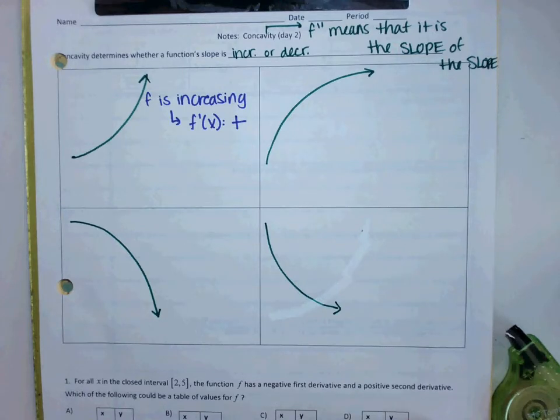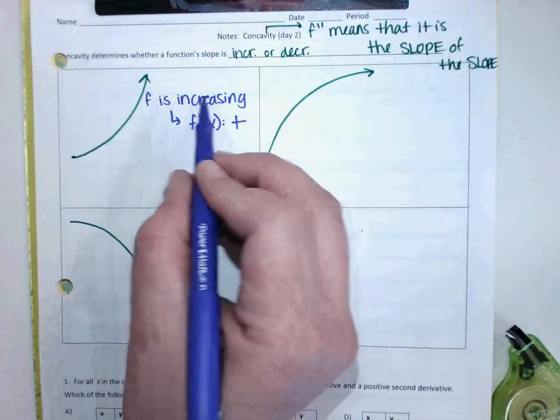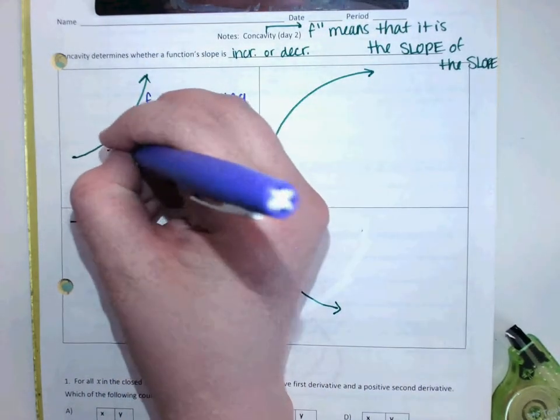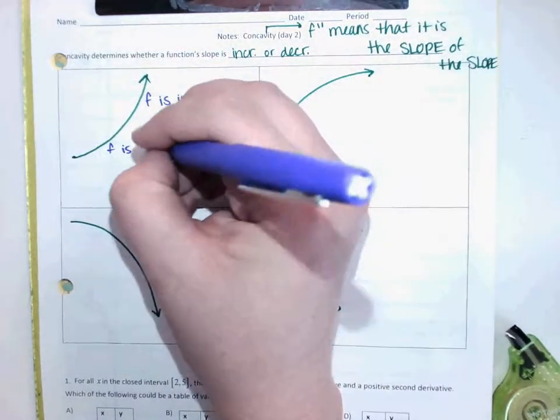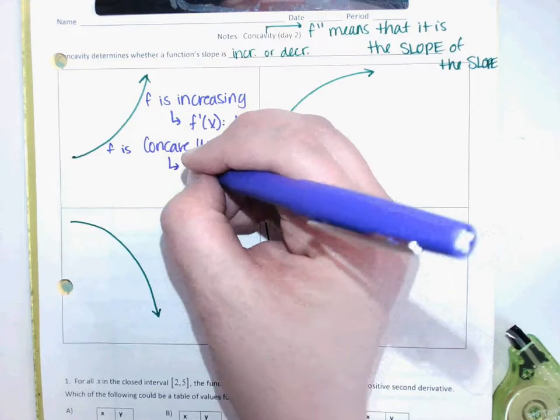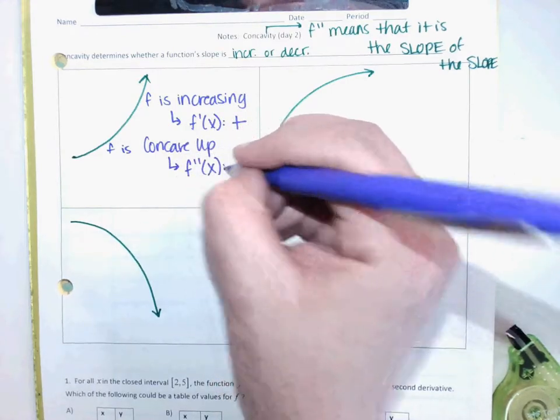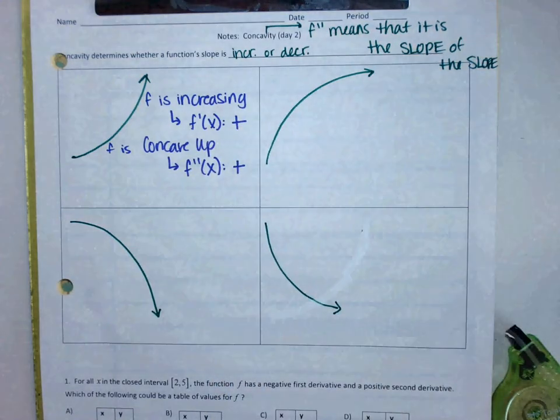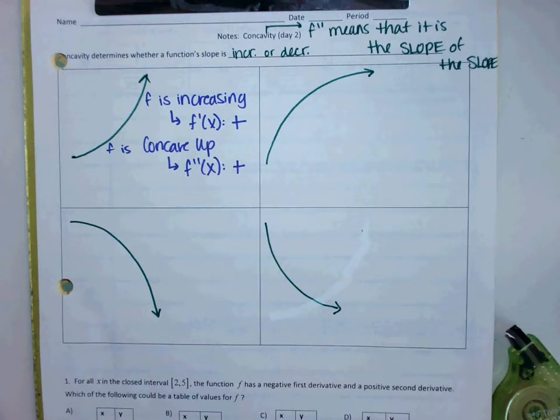Now let's look at a second characteristic we also know about: concavity. f is increasing, and what's its concavity? Concave up. What does that tell me about f double prime? That f double prime is positive. So far, so good? If it's increasing, f prime is positive. If it's concave up, f double prime is also positive.